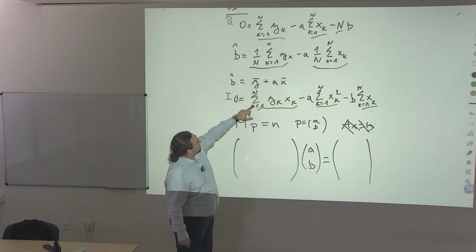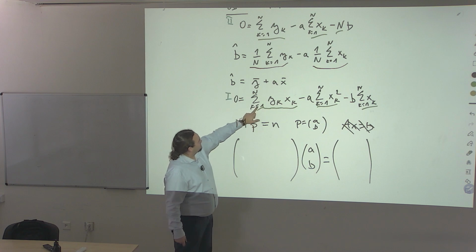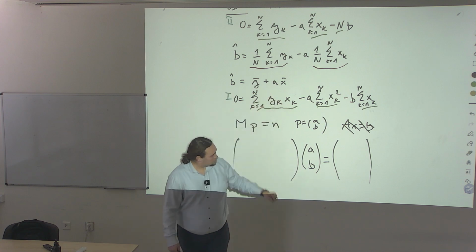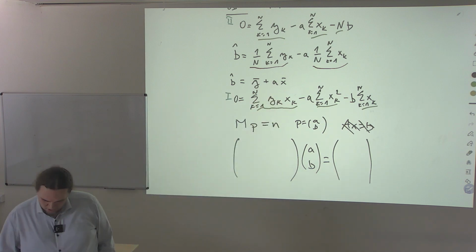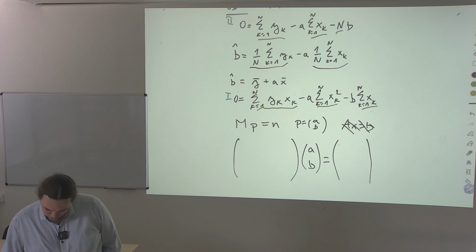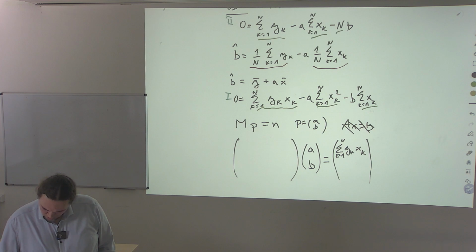So what we are left with is this term: sum of yk xk from k equal to 1 until n.